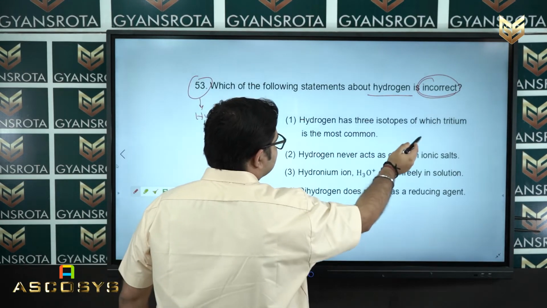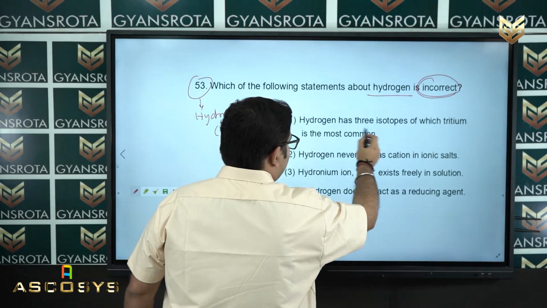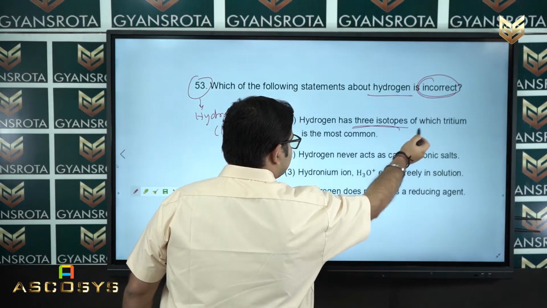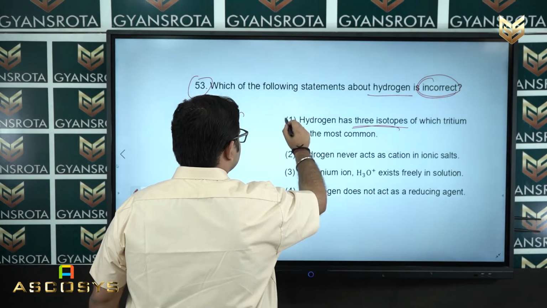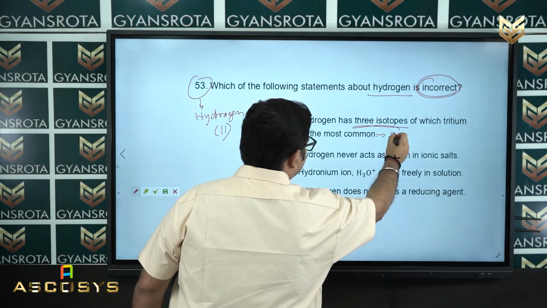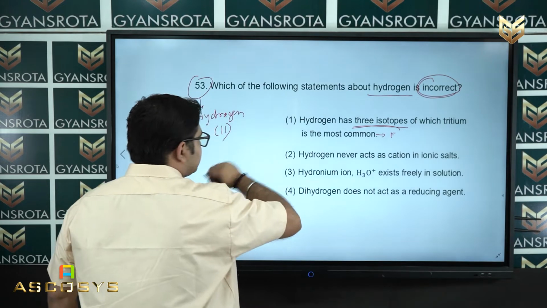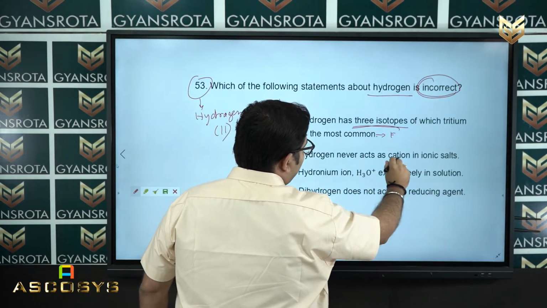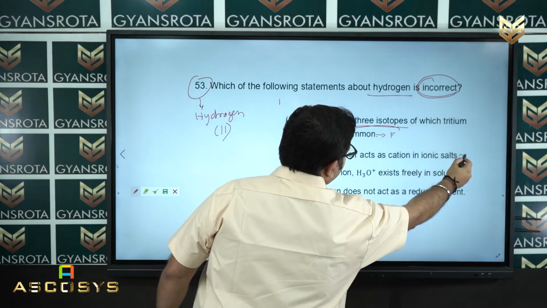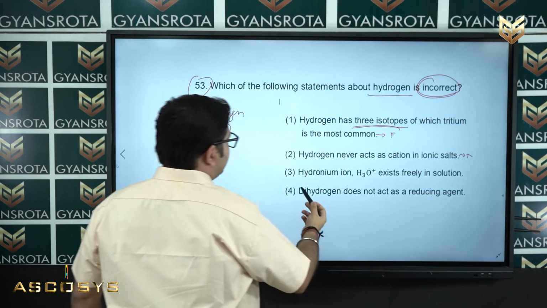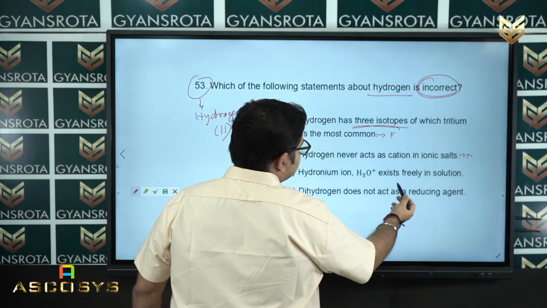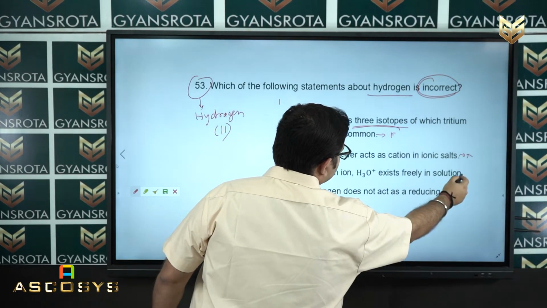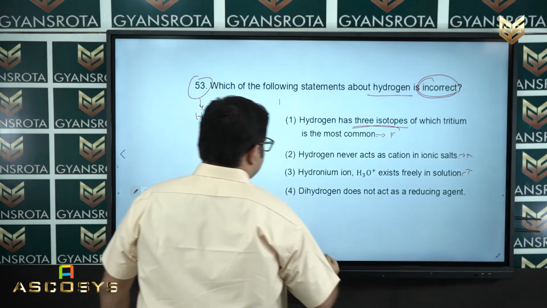Hydrogen has 3 isotopes, of which tritium is not the most common. So, this is a false statement, meaning an incorrect statement. So, this may be your option number 1. Hydrogen never acts as a cation in salts, that is also true. Hydronium ion H3O+ exists freely in solution, that is also a true statement.